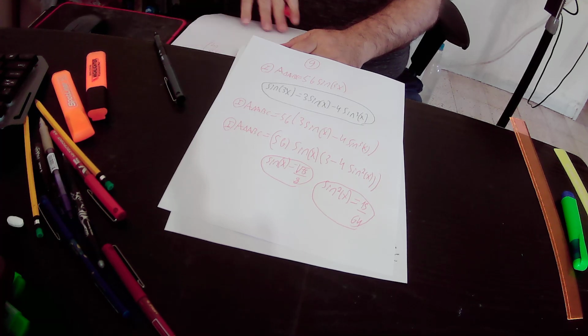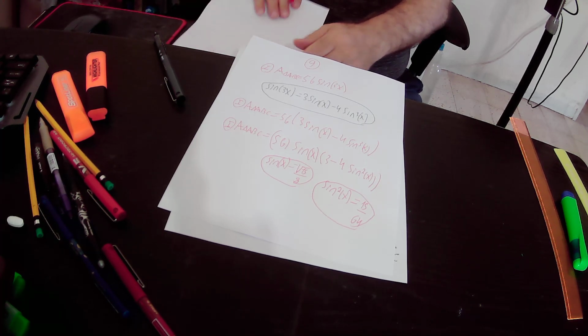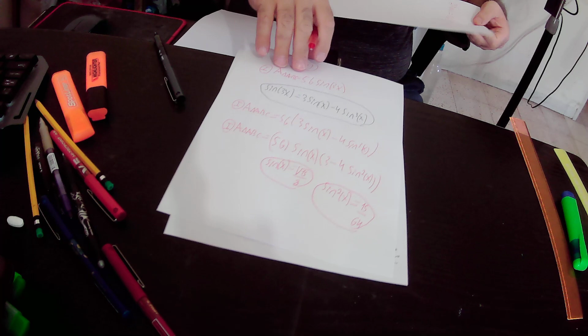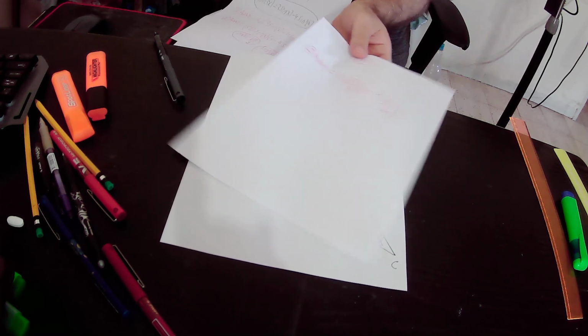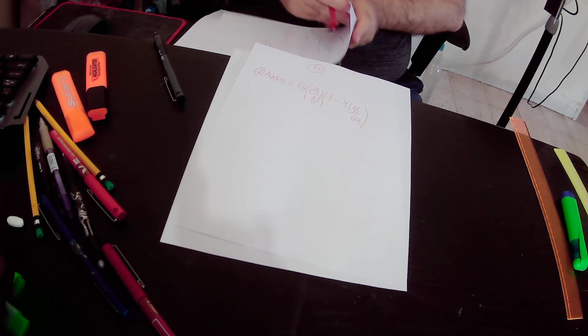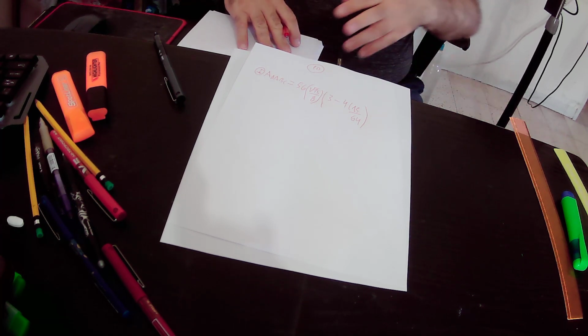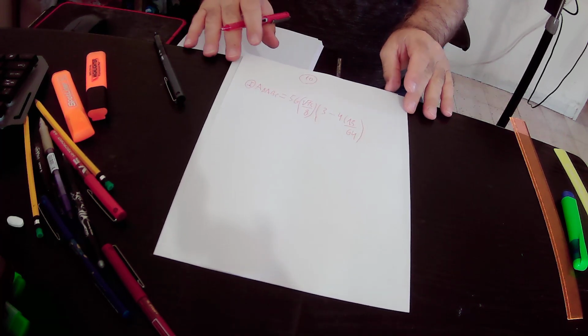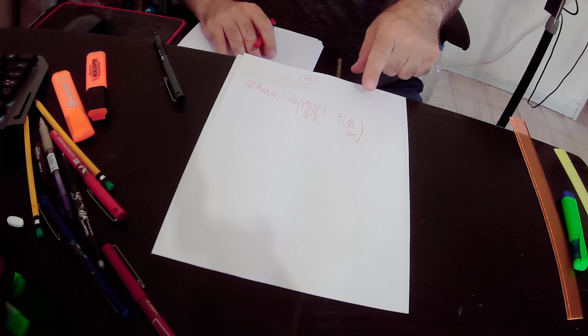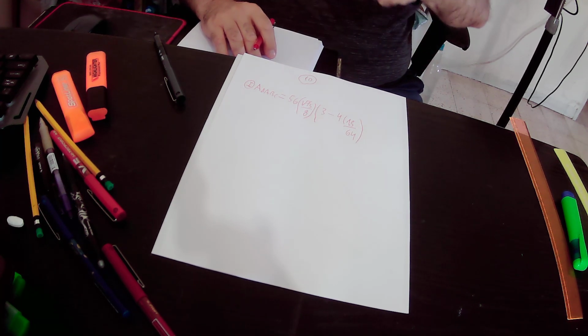So in total the area of triangle ABC equals 56 times root 15 over 8 times 3 minus 4 times 15 over 64.